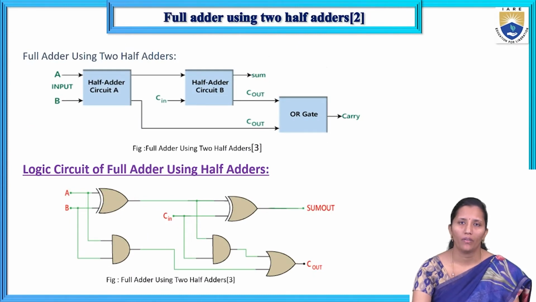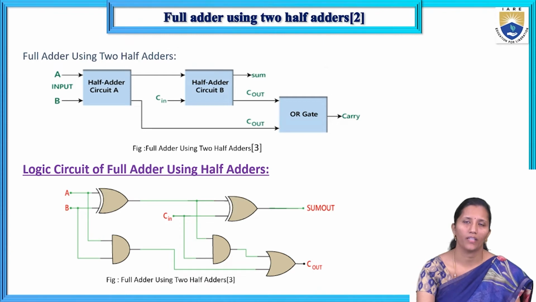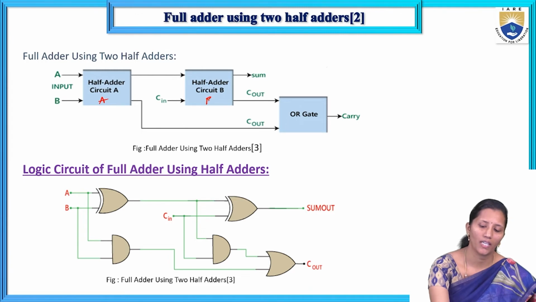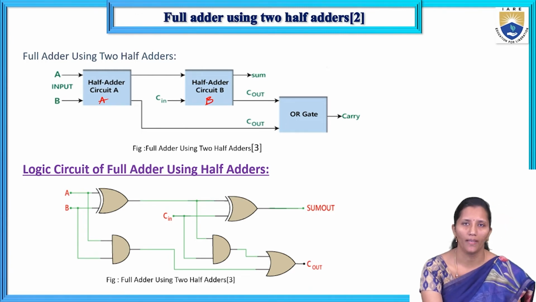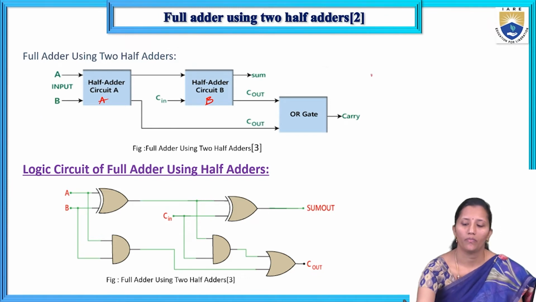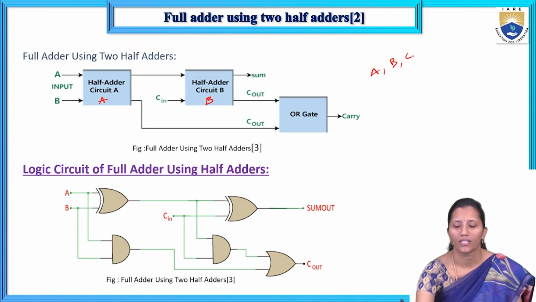So if you want to design the full adder using two half adders, okay, here for that we will use two half adders and one OR gate to design the full adder using half adders. Okay, so here first half adder is given the name A, second half adder is given the name B. The full adder has inputs A, B, C in.